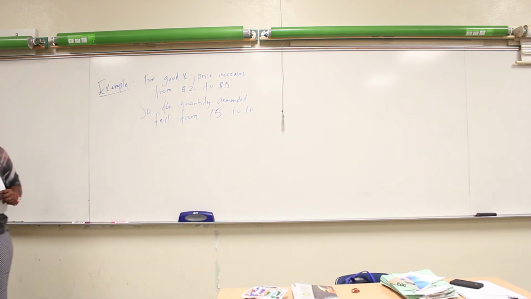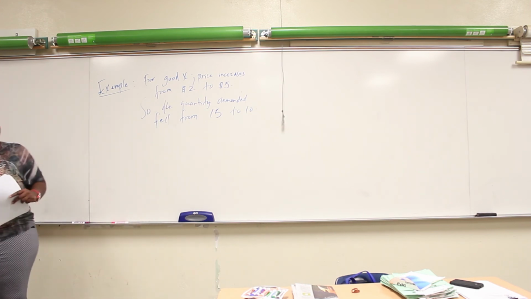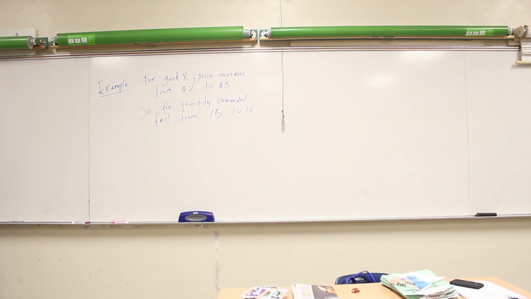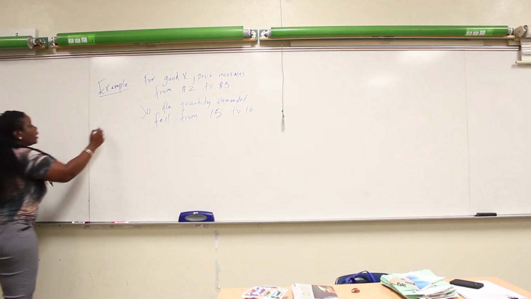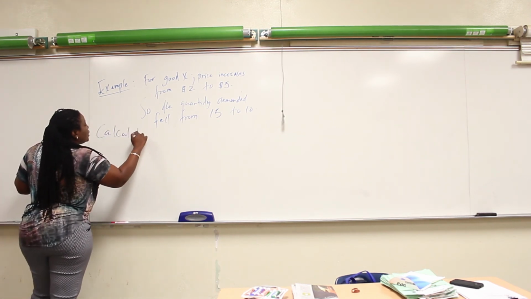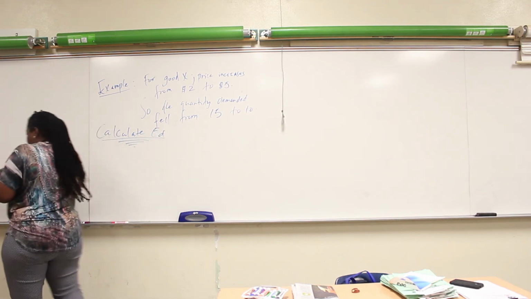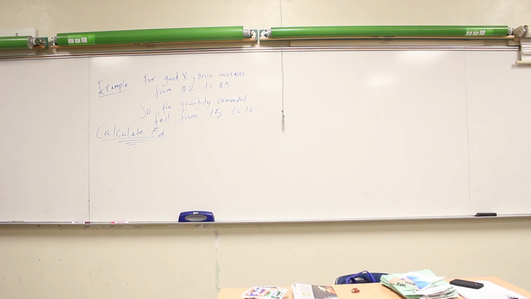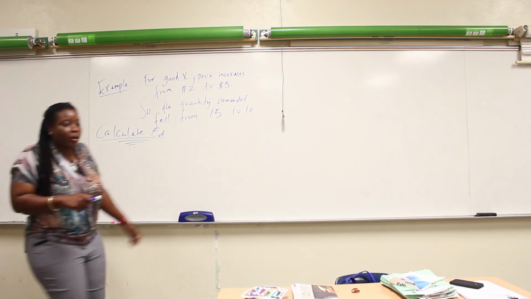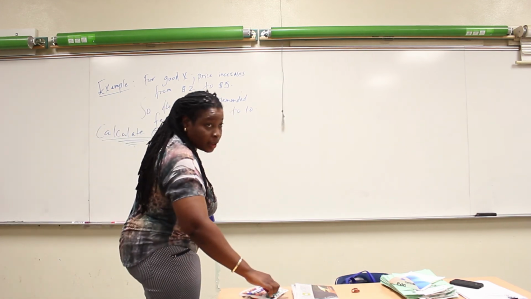Somebody was shouting out elasticity. You actually have to calculate it, which is what we're going to be doing. We're going to calculate E of D. We want to figure out along that price change what's the elasticity. We're going to calculate it with our formula and all the stuff we have gone through. Now I like to write my formulas again. Helps it to stick.